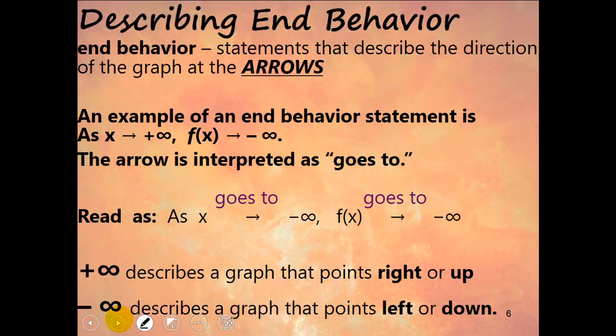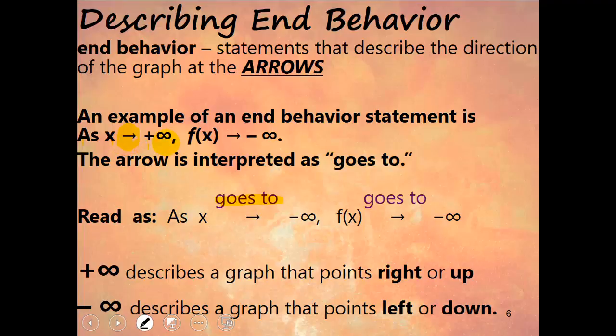All right, describing end behavior. Okay, so end behavior is what's happening at the arrows. As the arrows keep going on in whatever direction they're going, how do we describe it? Okay, so there's a very standard way of describing end behavior, and it is like this. You use the word as, x, this means goes to, okay, as x goes to positive infinity.